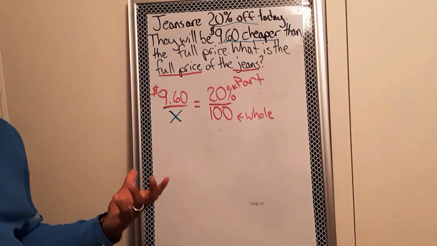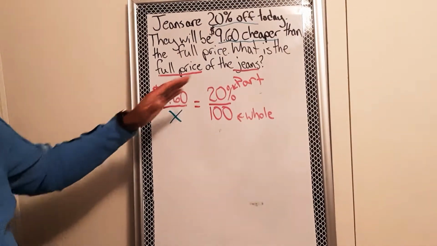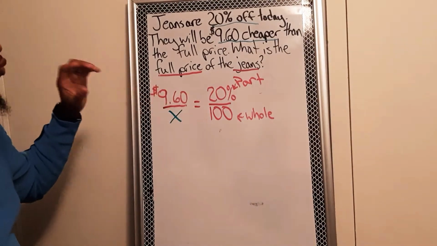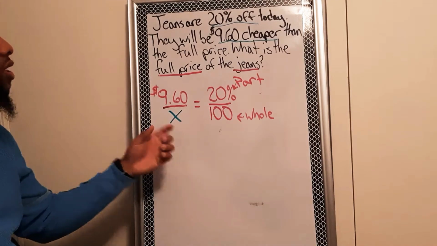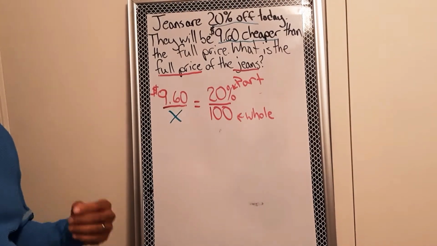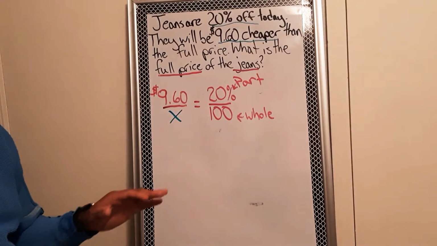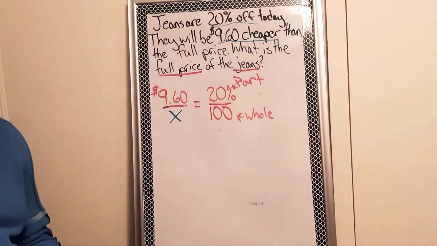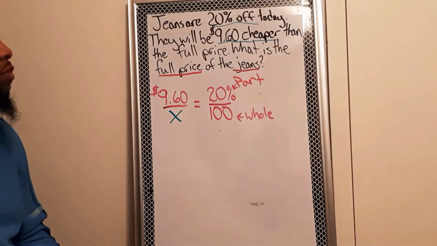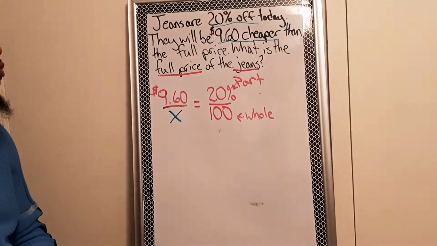So when finding the percent and finding the part, we would cross multiply and figure out the missing piece. In this case, instead of multiplying, we are going to divide. But before we can do anything with this percent, we have to convert that percent to a decimal. How do you convert a percent to a decimal, you ask? Well, it's simple.